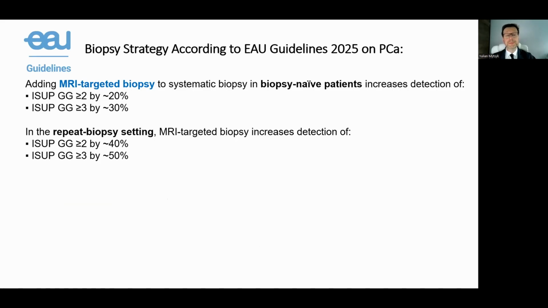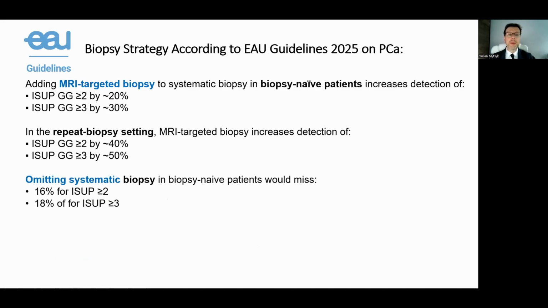At the same time, according to the latest EAU guidelines, adding MRI-targeted biopsy to systematic biopsy in the primary setting could significantly increase the detection of clinically significant cancers by up to 13%, and in the repeat biopsy setting up to 15%.